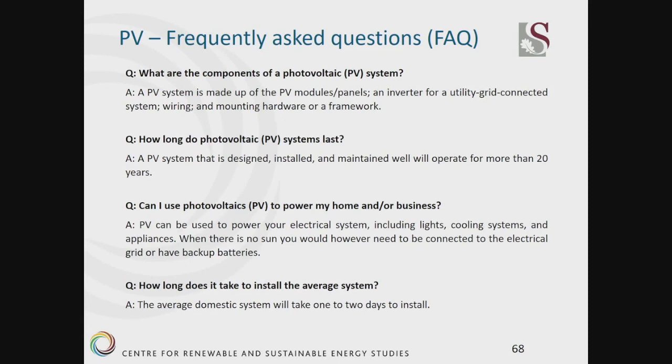The next question is, can I have photovoltaics to power my home and or business? Now, PV can be used to power your electrical system, including lights, cooling systems, and appliances. When there is no sun, you should, however, need to be connected to the electrical grid or have backup batteries.